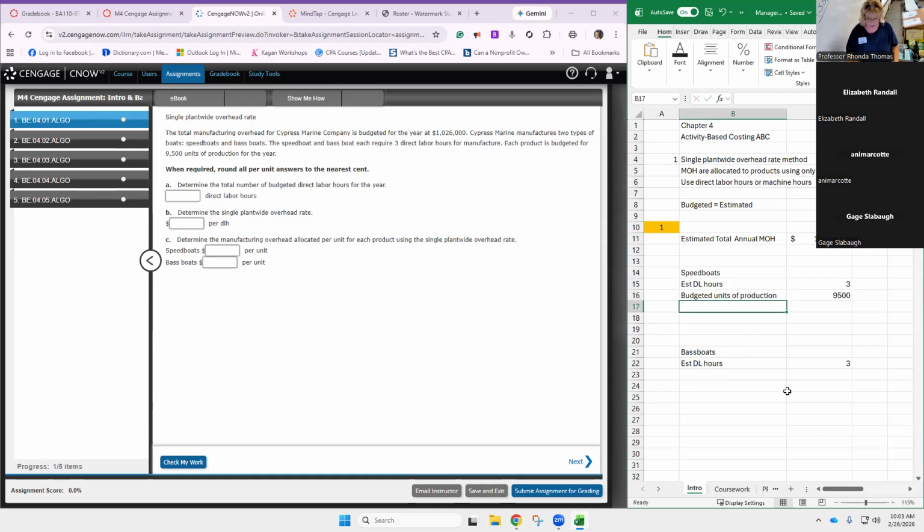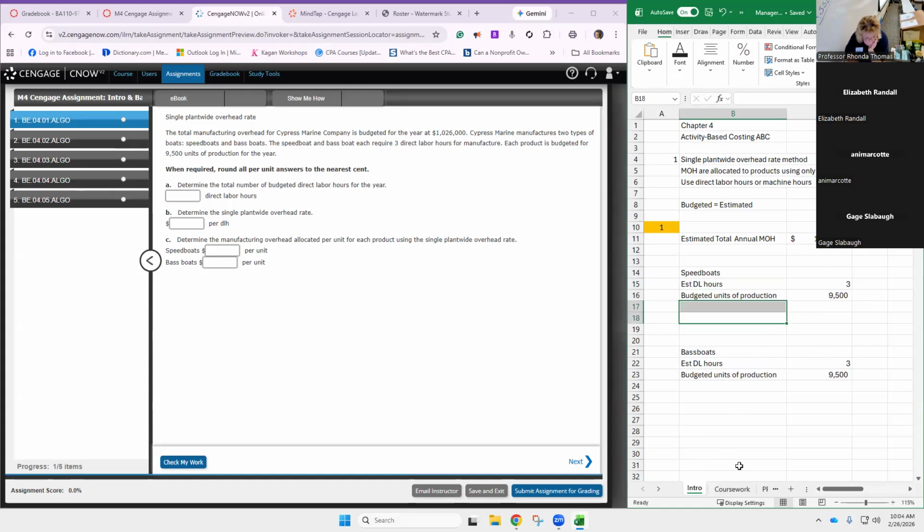Now I'm not going to put a $ sign there, and I'm not going to put a $ sign there, because those are not dollars. This is hours and this is units. So let's put that in. Now we need to do the same for down here. Budgeted units of production. There we have it.